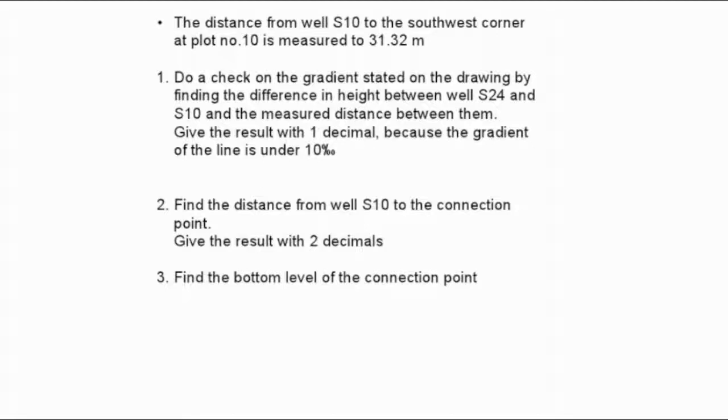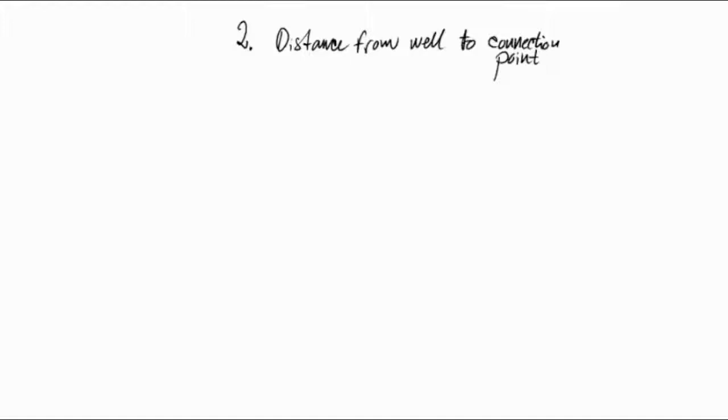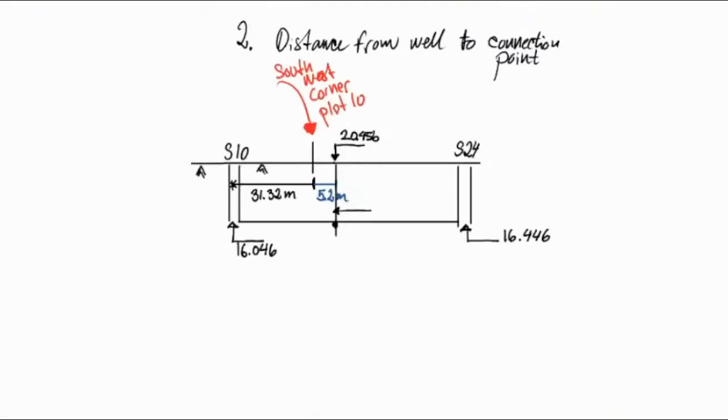Next thing we have to do is to find the distance from the well S10 to the connection point, and we have to give the result with 2 decimals. As before, we sketch a model and fill in with the information we have. I have now sketched a model. Here lies well S10, and here's the bottom level of well S10.